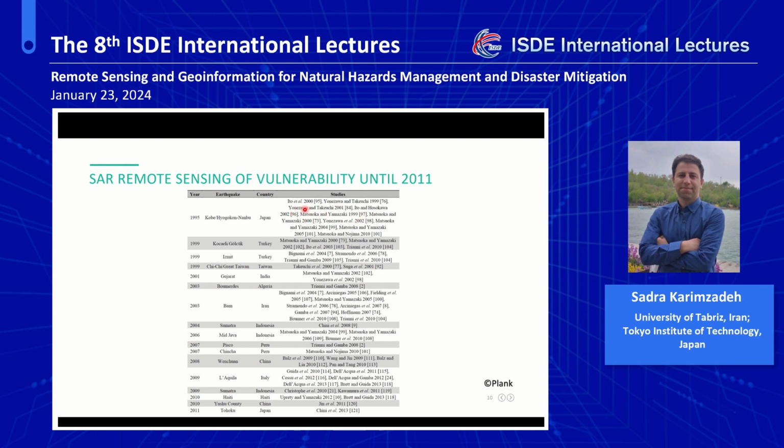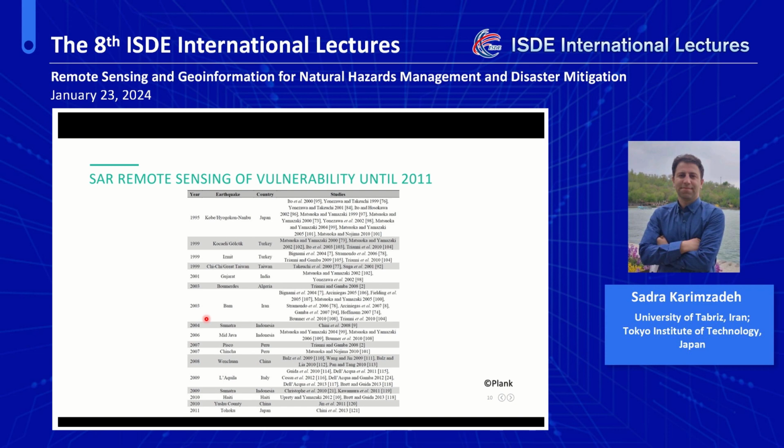We are working together for the upcoming events as well. Other earthquakes: Gölcük and Kocaeli earthquake in Turkey, Izmit again in Turkey, Chichi in Taiwan, Bam earthquake in Iran, and other earthquakes until the Tohoku earthquake in Japan.